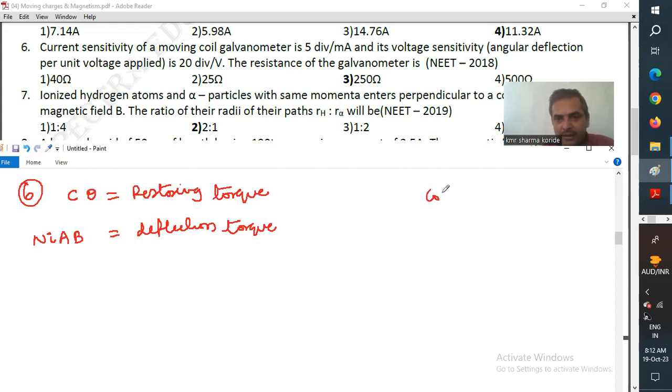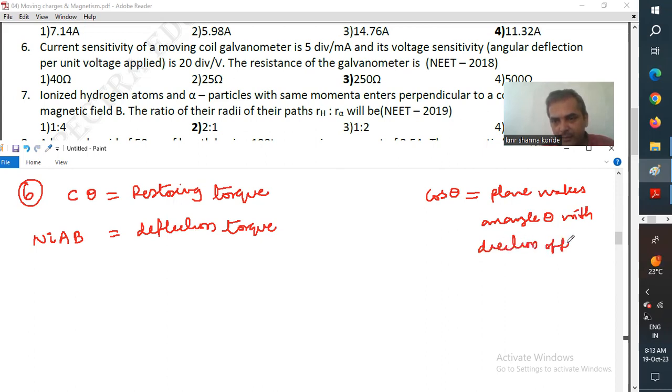So cos theta is when the plane of the coil makes an angle theta with the direction of the field. So NIAB may be associated with cos theta or sin theta.